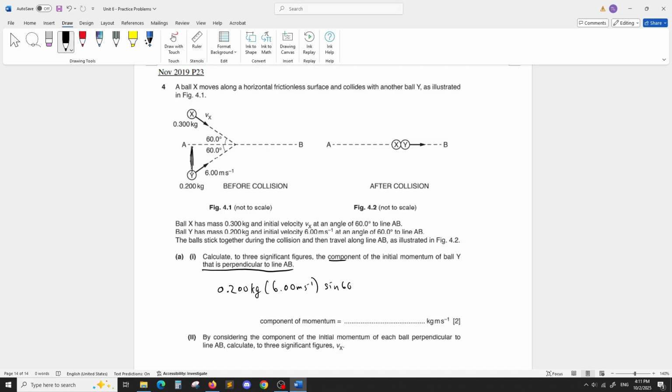And then you have to calculate this out. And then it's around 1.04.